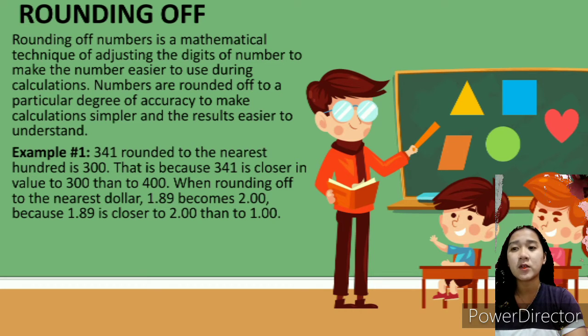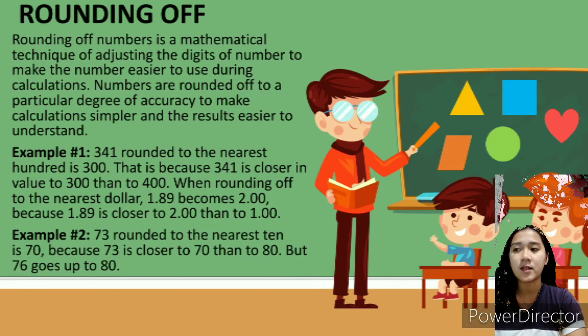That is because 341 is closer in value to 300 than to 400. When rounding off to the nearest dollar, 1.89 becomes 2.00 because 1.89 is closer to 2.00 than to 1.